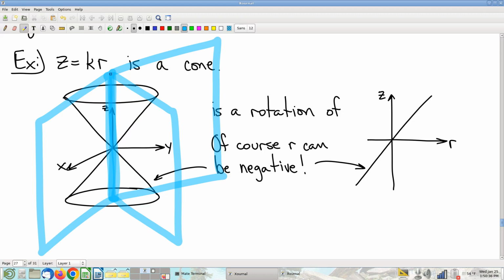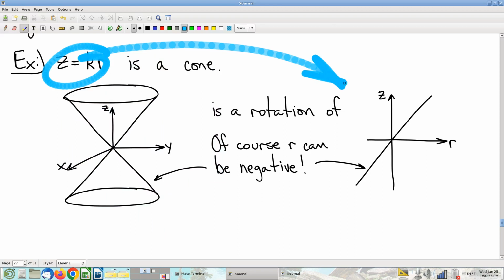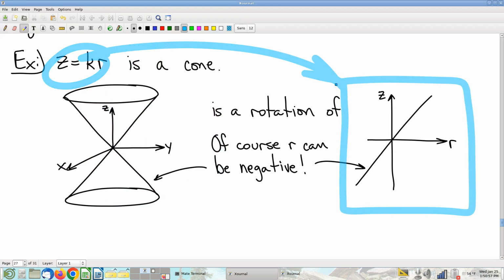So said differently, if I understand what the cross-section looks like in any one of these cross-sections, then I understand all of them, and furthermore, I would just rotate it around to get the whole thing, because all those cross-sections look the same. And if you want to know what a cross-section looks like, that's actually pretty easy to address. Let's just look in what I like to call the zr plane.